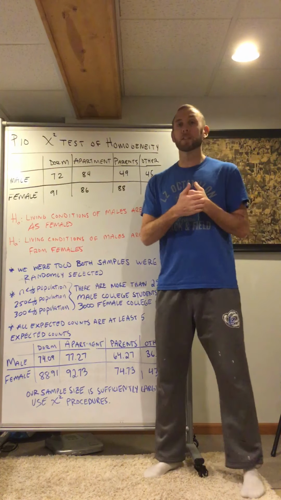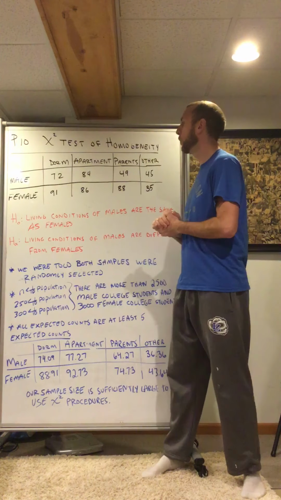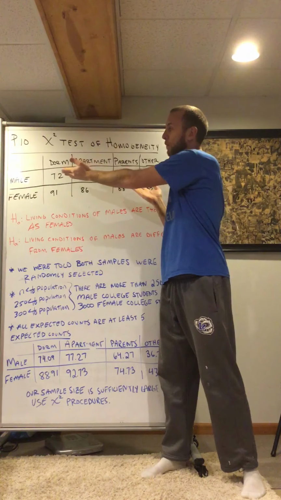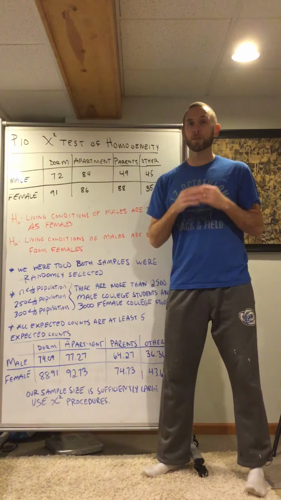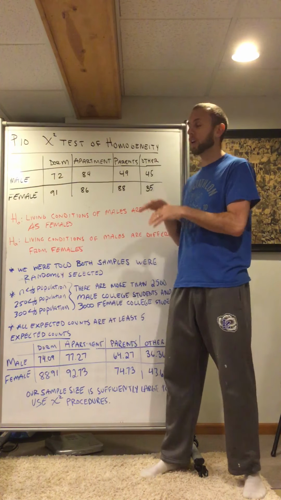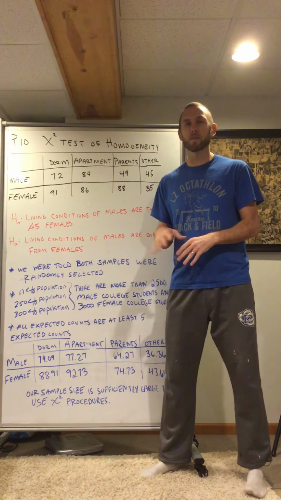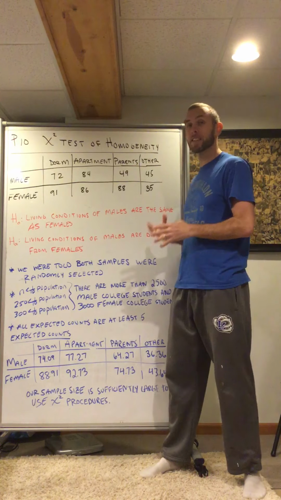Okay, so similar to what we had with the chi-square test of independence, we have a two-way table for our data for a chi-square test of homogeneity. Now what you're going to find is that with a test of homogeneity, it's almost exactly the same procedure as a chi-square test of independence. It's essentially the same thing.